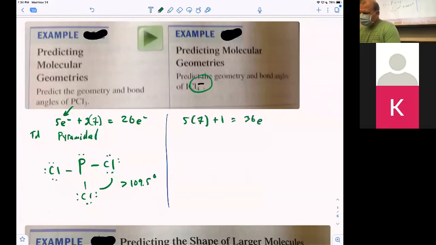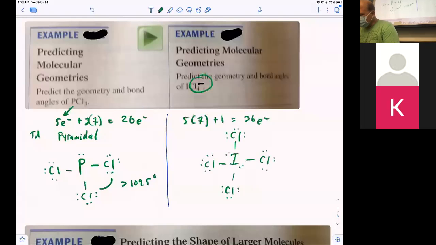So that's 36 electrons. So iodine in the center with the chlorines around. We placed 8, 10, 12, 14, 16, 18, 20, 22, 24, 26, 28, 30, 32, 34, 36.